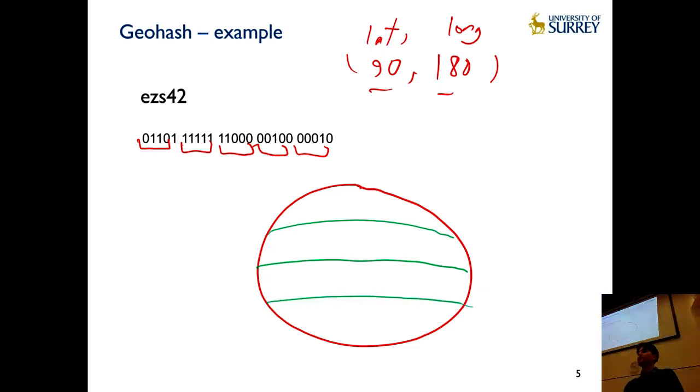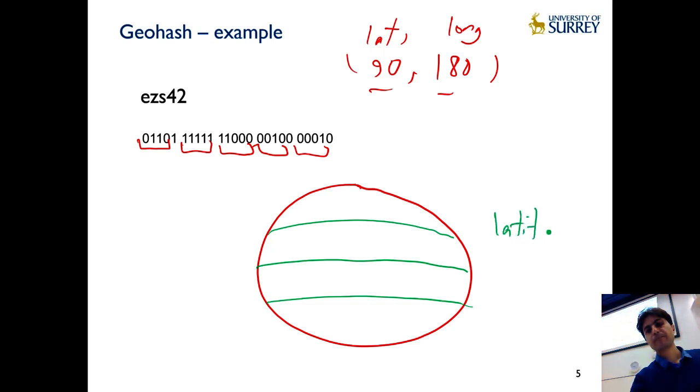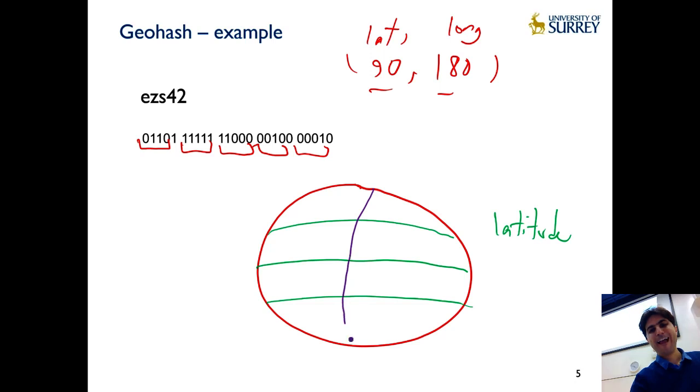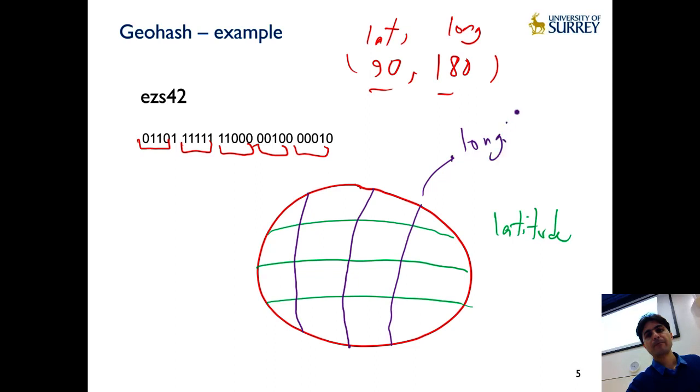These horizontal lines are our latitude lines. And the longitudes are the lines coming like this. These are longitudes. Bits of geography, right?